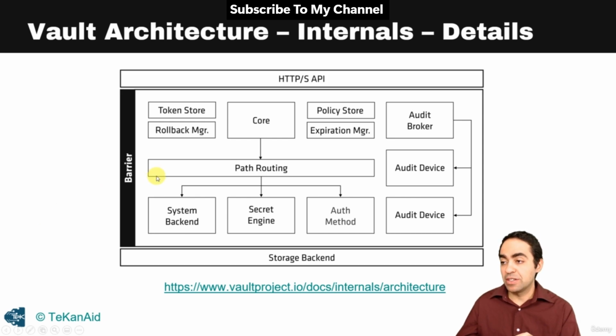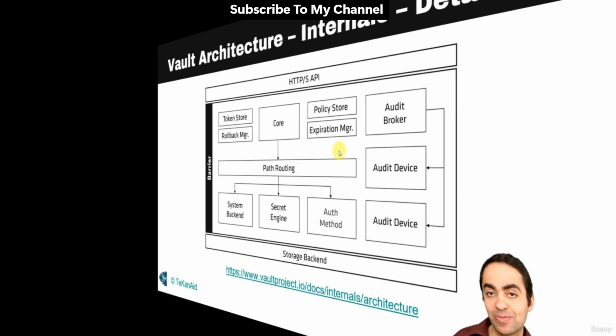So as you can see, the HTTP API is at the top, the storage backend is at the bottom, and in here is the core, and there are multiple components here, within the cryptographic barrier that we just talked about. So as I mentioned, in this course, we're going to look at all these components. So stay tuned, and hopefully this lecture helped you get an overview of the internals of Vault, and I'll catch you in the next lecture.